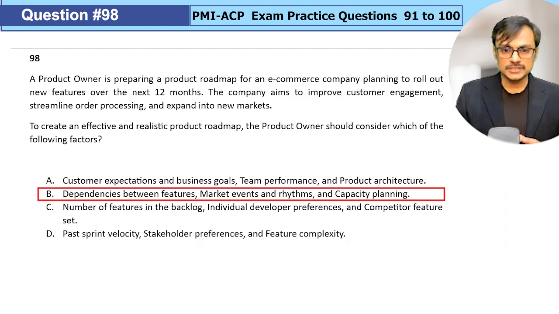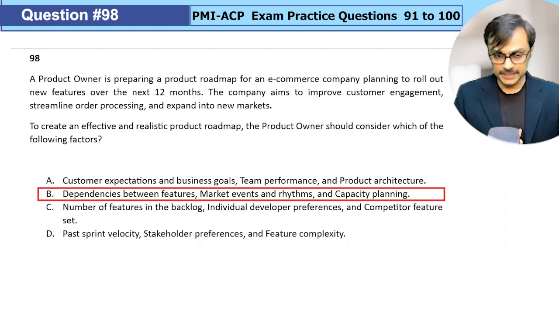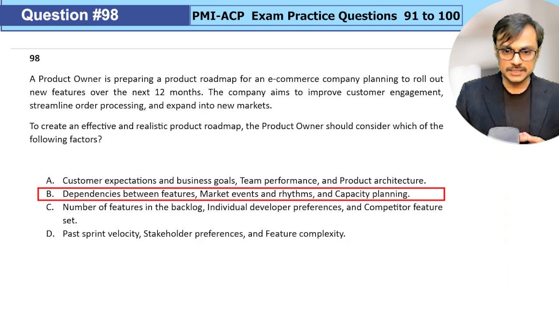Let's see option B. Dependencies between features should be considered, because we may do a user journey map and try to understand which feature should be feeding into another. That probably will help us in creating the roadmap. Yes. Market events and rhythms. So what is happening in the external environment? What are the events happening? Maybe launches, competitor launches, and trade shows, those kinds of things.